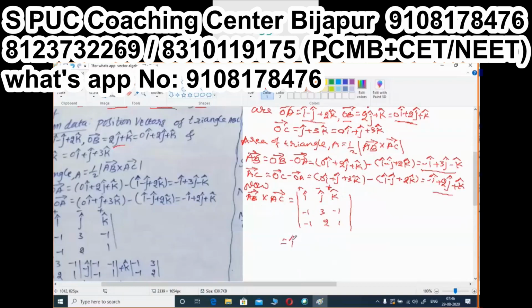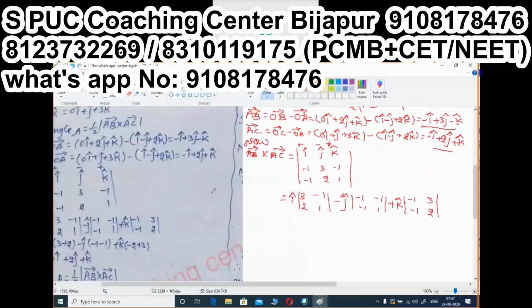So tell it first. i cap of: you leave this column, you leave this row, you are going to get 3 minus 1, 2 1. Next minus j cap of: you leave this complete column, you leave this complete row, you are going to remain with minus 1 minus 1, minus 1 1. Next plus k cap of: you leave this complete row and column, write minus 1 3, minus 1 2. Simplify that and tell it.